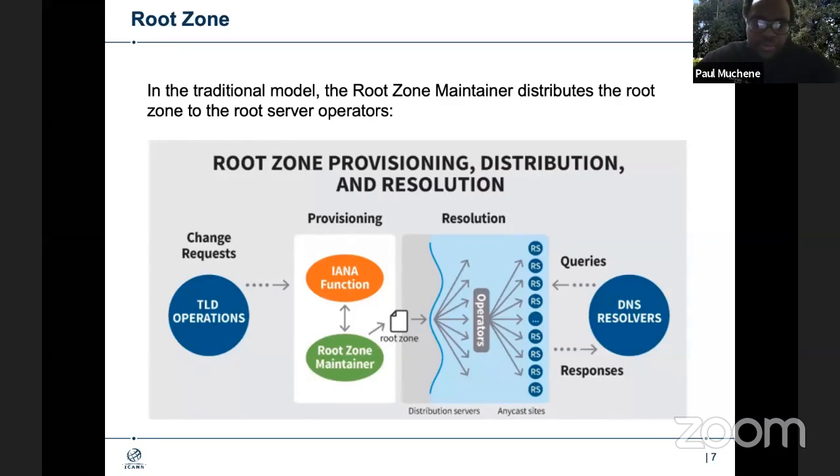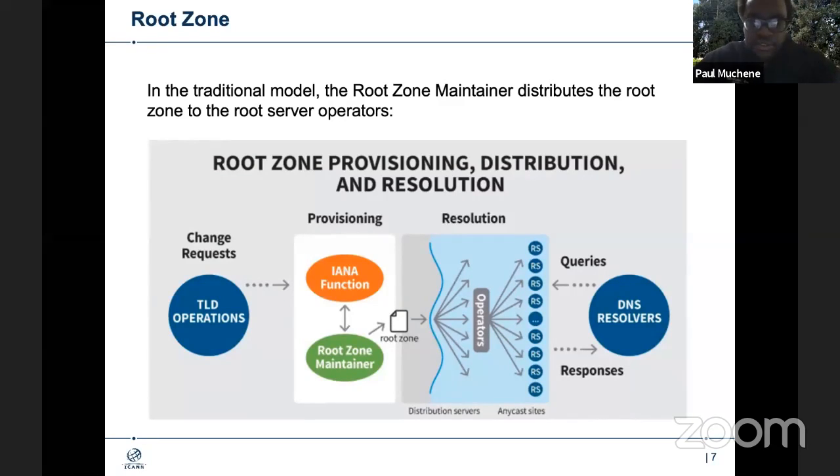Once the changes are received by IANA, the root zone maintainer publishes those changes in the root zone. The root zone is just a file. You can even download it from IANA. I will share the link of the root zone so you can have a look at the root zone file. It's a text file with all the top level domains and even the DNSSEC signatures, and it is published by the root zone maintainer.